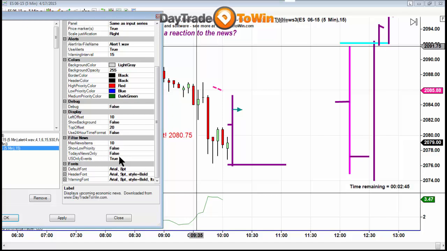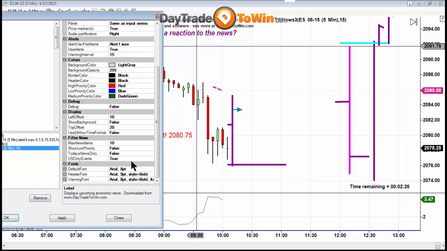And the reason why I added this is because I understand that not every trader trades the US markets. You may be trading the New Zealand dollar, or you may be trading a market that only reflects to that economy in the world. So this is universal.